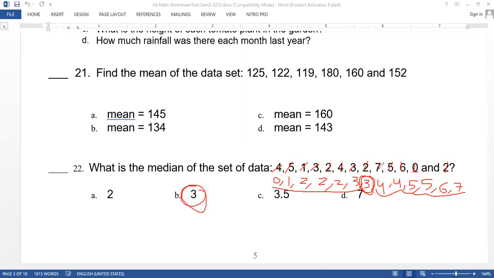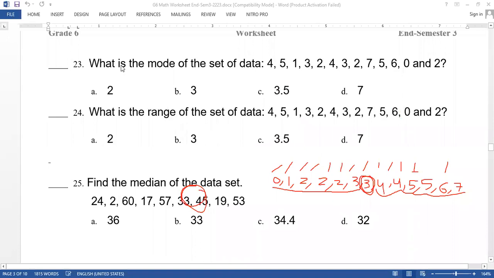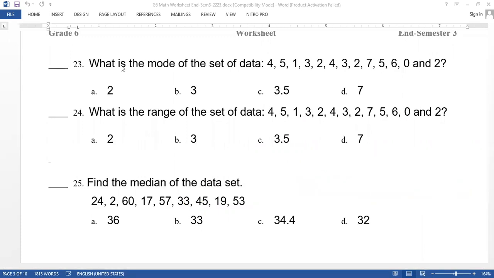So it's very important, guys, in the median case, you need to order the values before you do any step. In the mode, guys, no need to order the numbers from least to greatest. I just want to choose the most common value. What is the mode of the set of data?